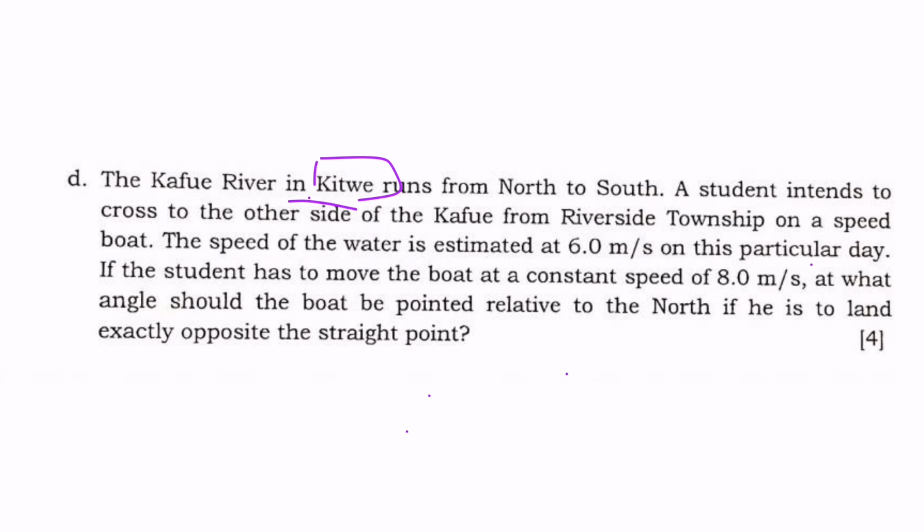Now collect this data. The first thing you need to know is that they say the Kafue flows from north to south. So the compass is this, N, E, S. They say the Kafue River flows from north to south, so the Kafue is going this side.